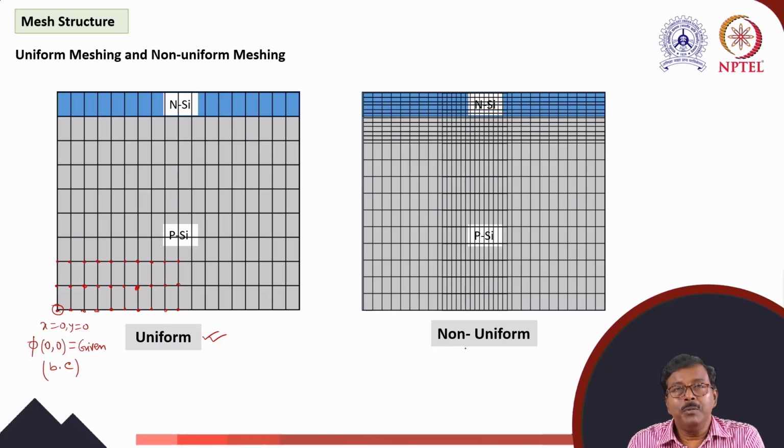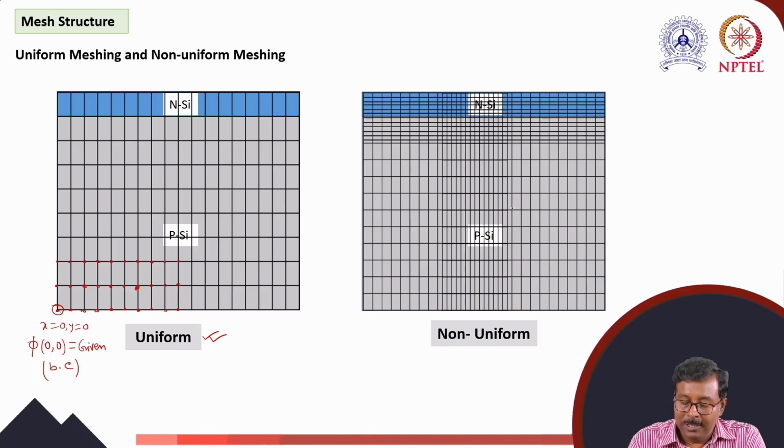But in non-uniform meshing, what we do, suppose we have an idea about the device physics that near the junction there will be more physical phenomena occurring. The junction is more important than a bulk point.